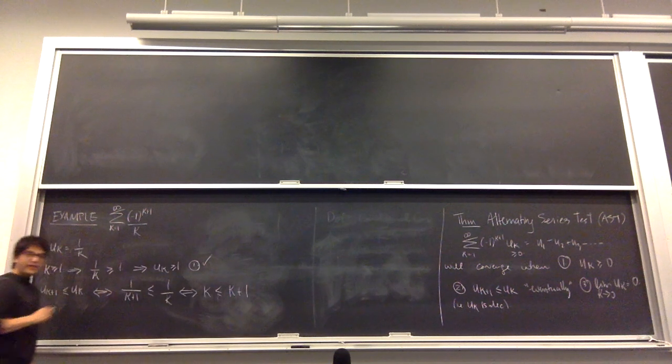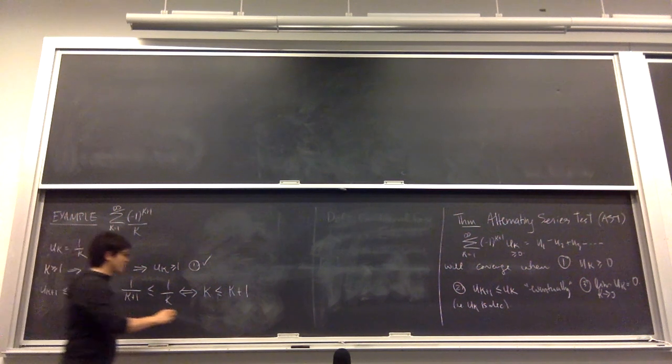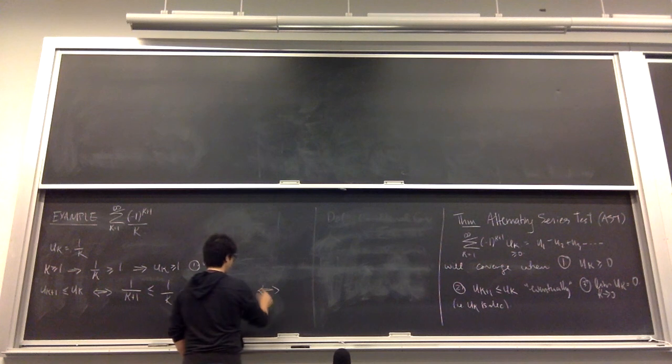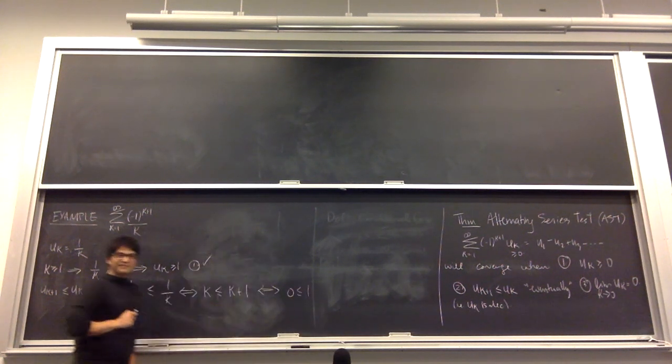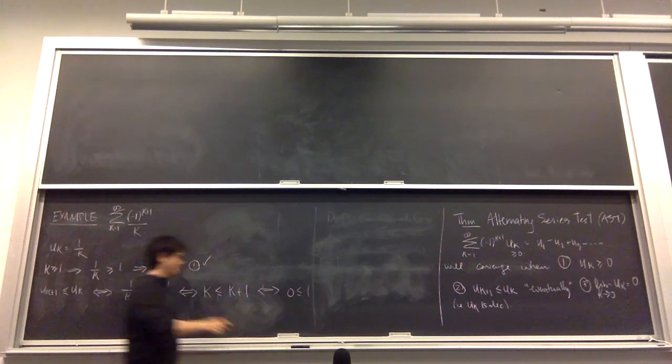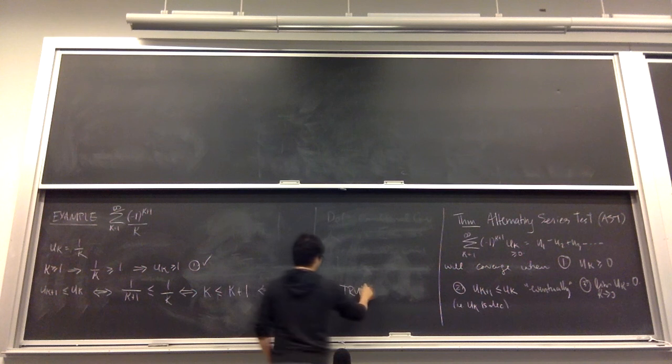And is that true, the last thing? Let's go one more. This is only true when 0 is less than or equal to 1. Is that true? Okay, so at the end of this chain, I'll just say that this is true.